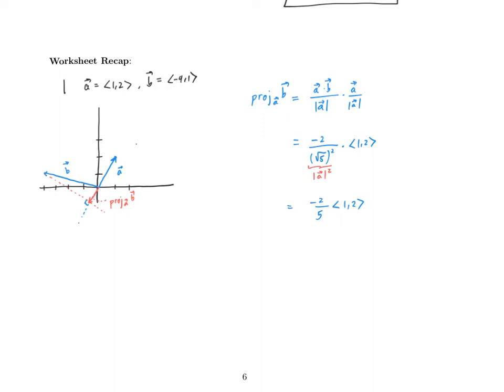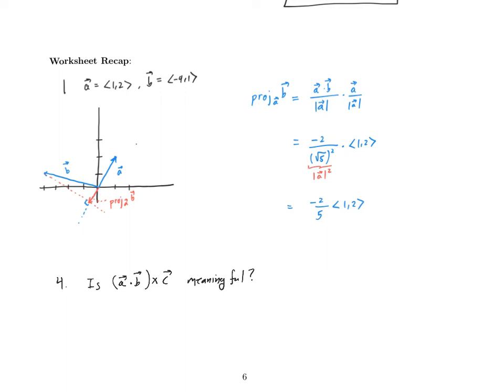Either way, it works. The other problem I wanted to say something about was problem number 4, I believe, where we are asked, is the expression A dotted with B crossed with C meaningful?